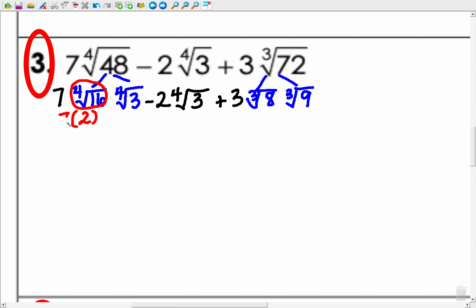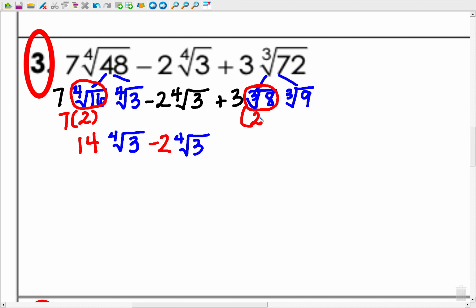Multiply this by the 7 that's already here, you get 14. And now I need you to bring down the radical. If you'll notice here, I've got a negative 2 for the coefficient, and I need to bring down the radical as well. And now here, this becomes 2.